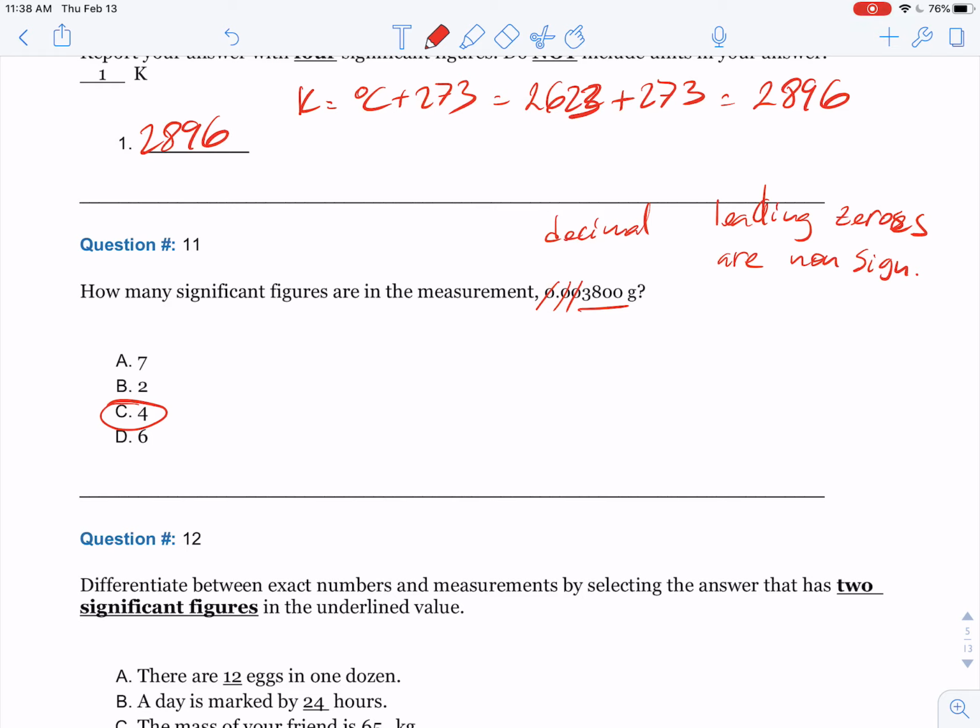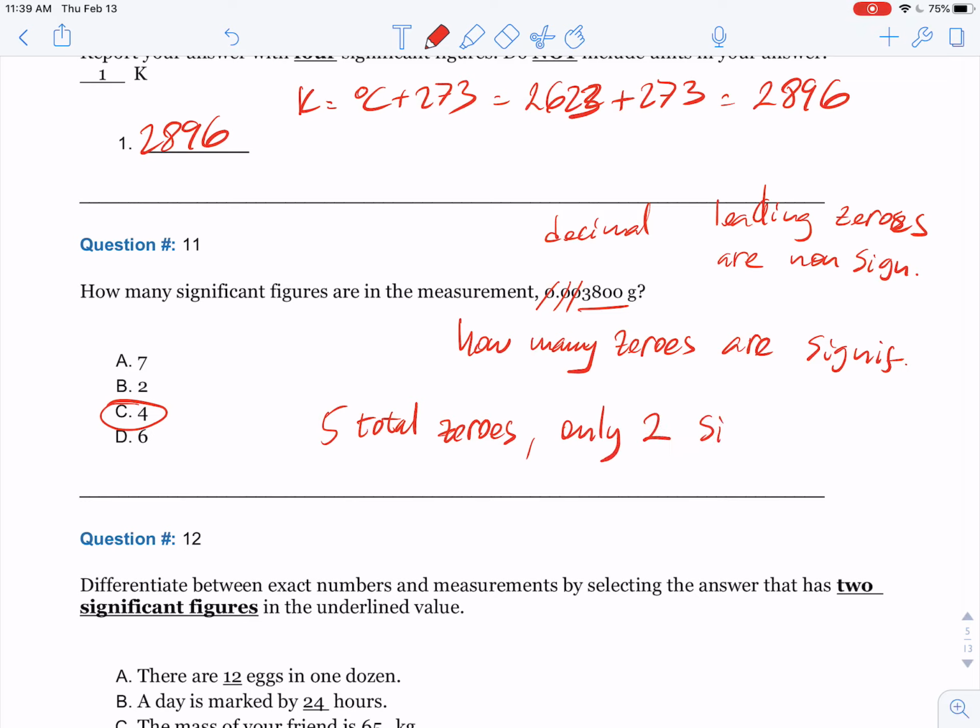Now be cautious, because one other thing that I can ask here is how many zeros are significant. And you have a total of 5 zeros. 5 total zeros. Only 2 significant. Which are those 2. So pay attention. Pay attention to that kind of thing.